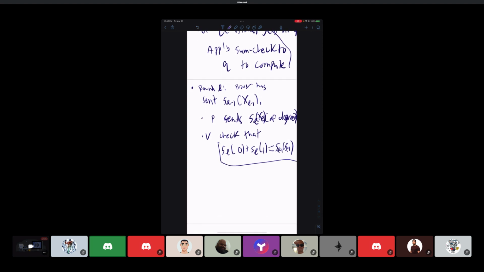This is analogous to how in round 1 the verifier checked that the claimed answer was S1 of 0 plus S1 of 1. If the prover sent S_L honestly, then S_L is explicitly defined for this check to hold.